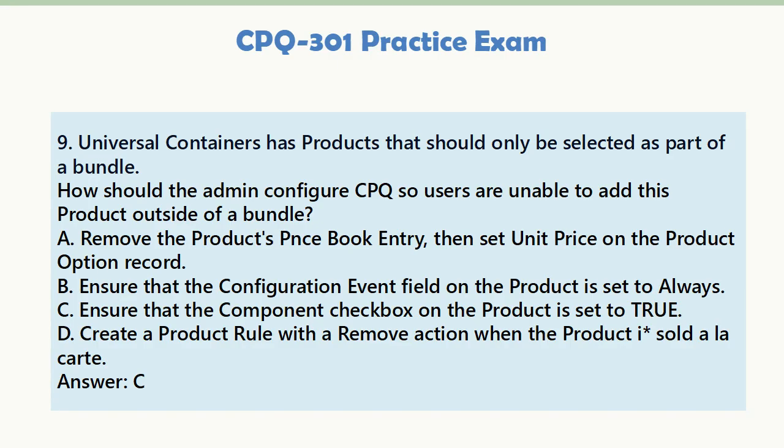B. Ensure that the configuration event field on the product is set to always. C. Ensure that the component checkbox on the product is set to true. D. Create a product rule with a remove action when the product is sold a la carte. Answer: C.